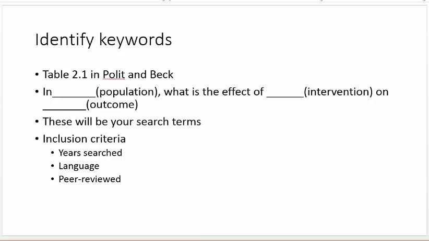So depending on what your question is, you should only have to put in your population, your intervention, and your outcome. But if you're looking for something that's pretty general, like management of type 2 diabetes in older adults, what is the effect of exercise on their hemoglobin A1C, that might be too general. So sometimes you will have to put in a few more terms there.